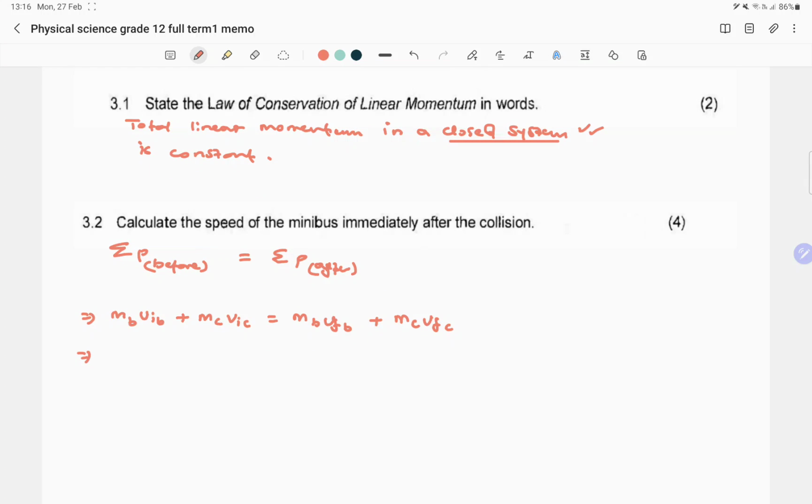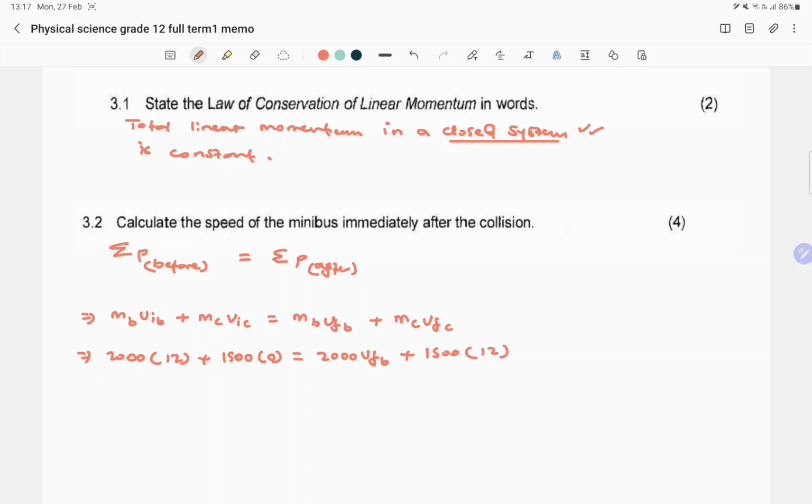What was the mass of the minibus? It was 2000 kg times the initial velocity of 20, plus the car, which is 1500 times 0, because the initial, we were told it's stationary at the traffic light. Now this one is going to be 2000 v_fb, because that's what we want, plus 1500 times now 12.